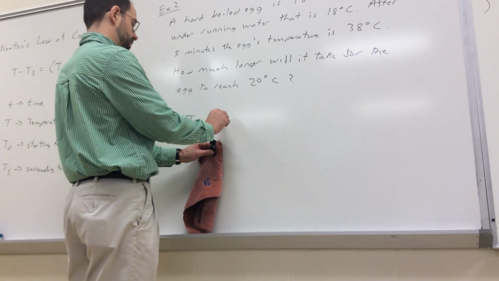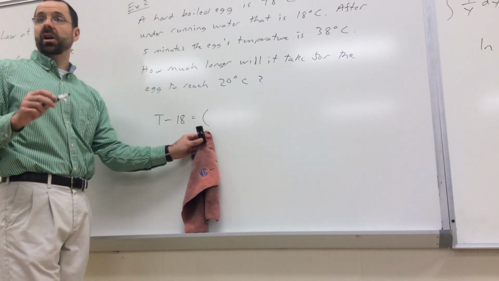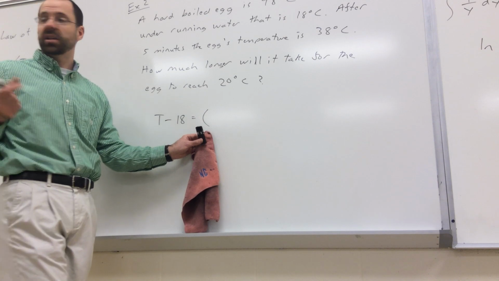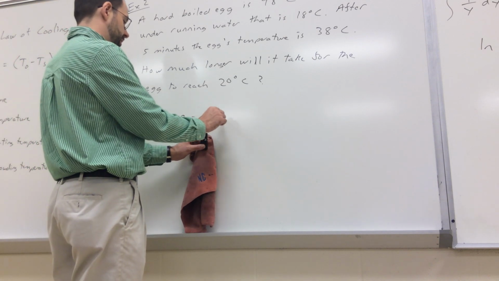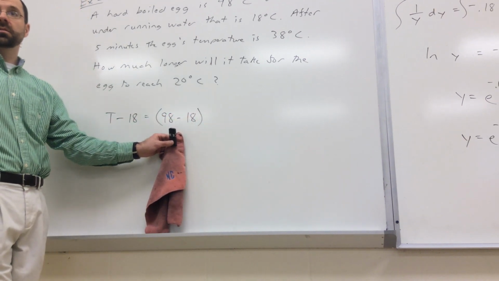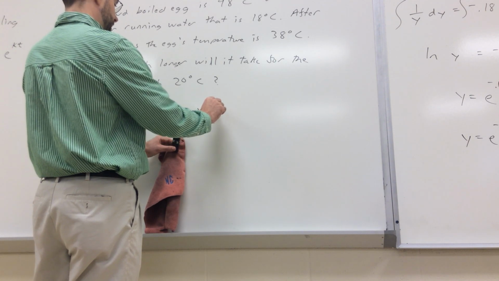And then T0 is the starting temperature of the thing that you care about. That's the 98 degrees. The egg starts at 98 degrees Celsius. And then Ts appears again, minus 18. And then times e to the kt.